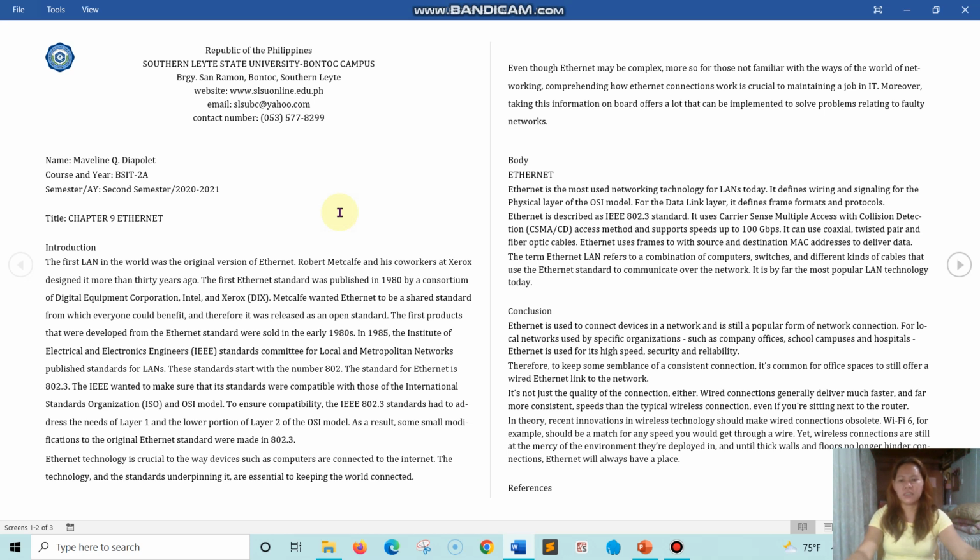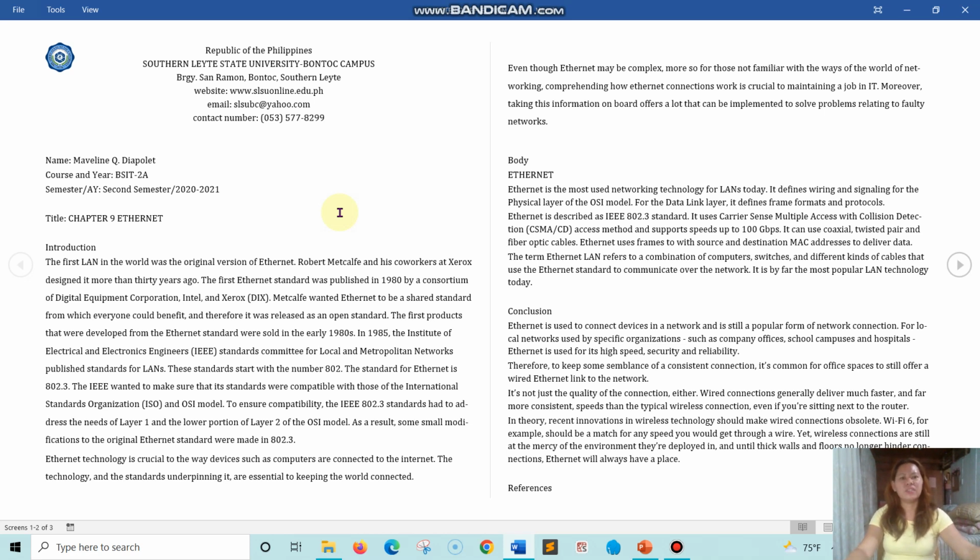Ethernet technology is crucial to the way devices such as computers are connected to the network. The technology and the standards underpinning it are essential to keep the world connected.